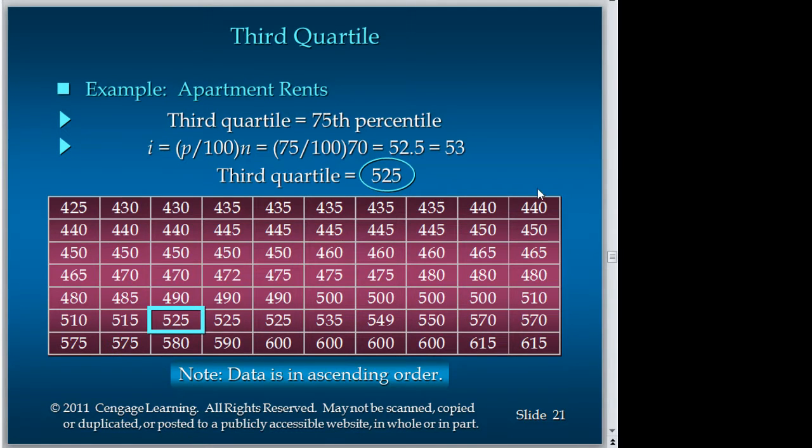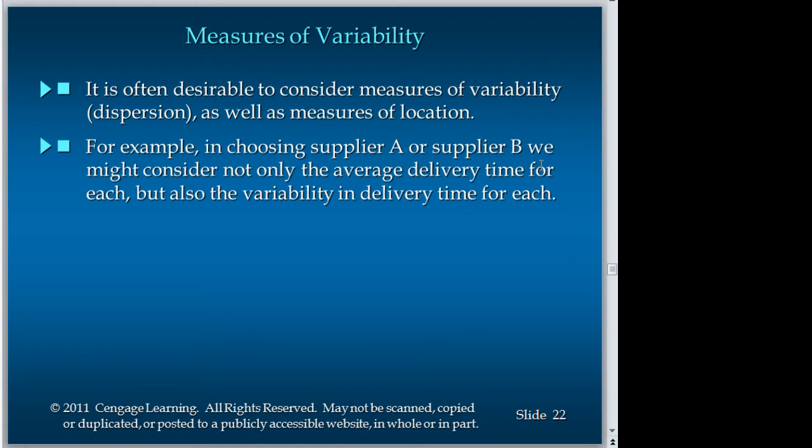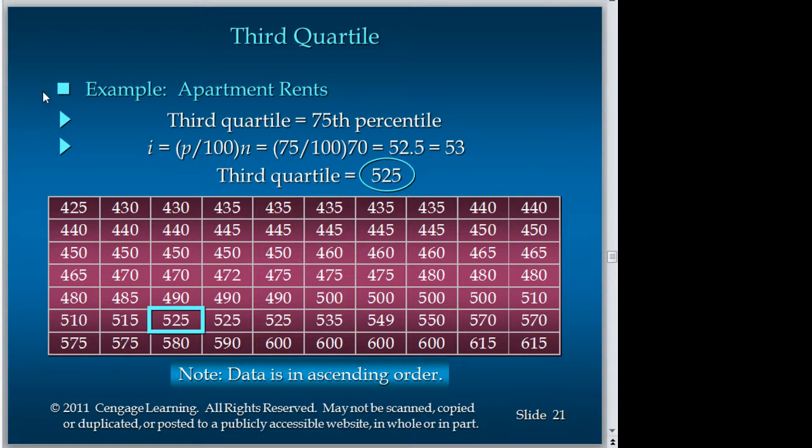Okay, so let's say for the apartment rent data, we are looking for the 75th percentile. As you can see here, put that in the formula, the percentile being 75, right? That's what we're looking for.